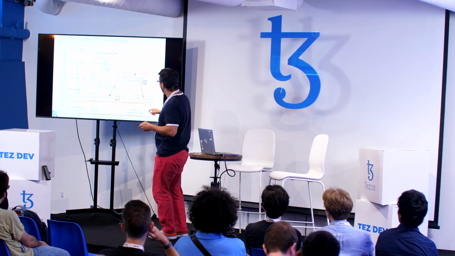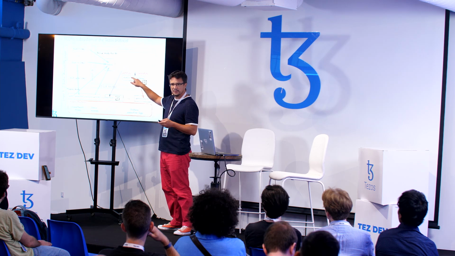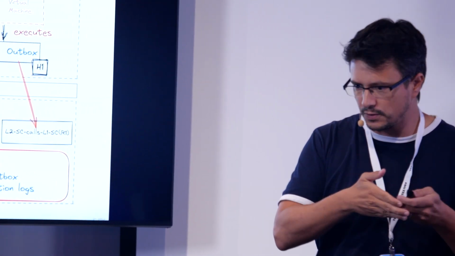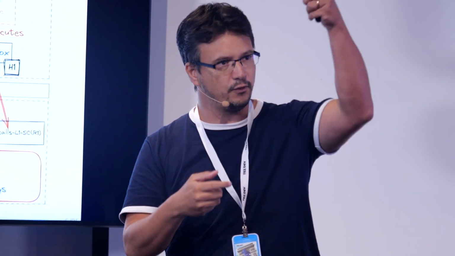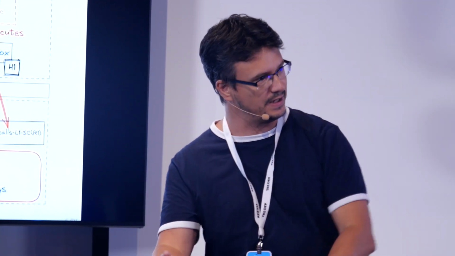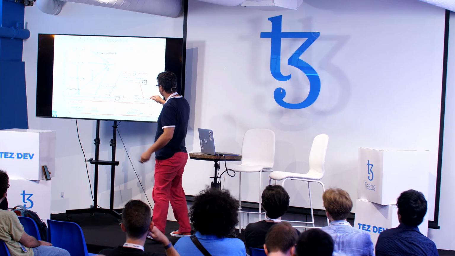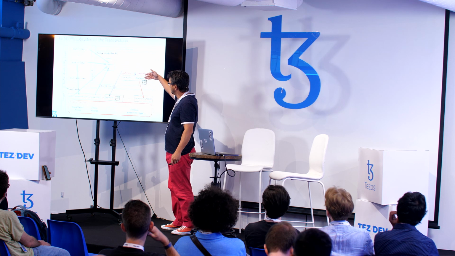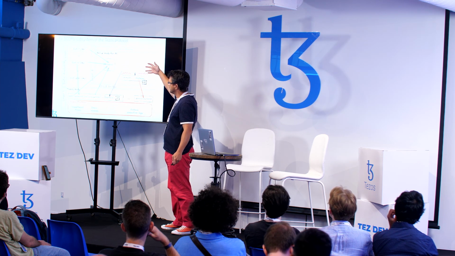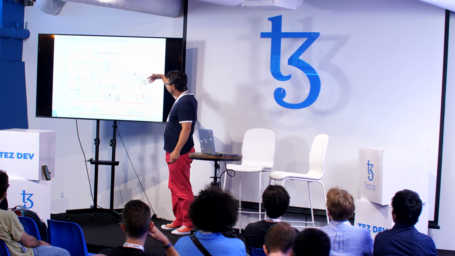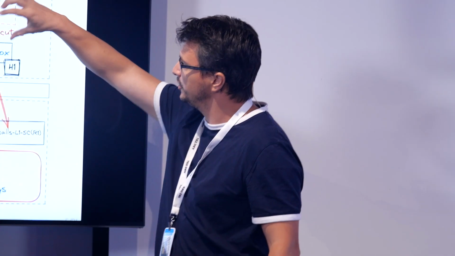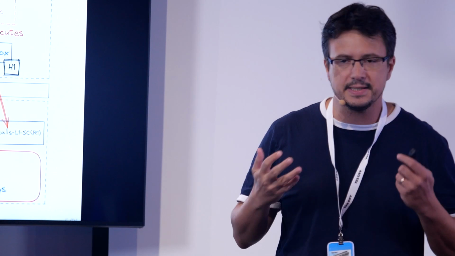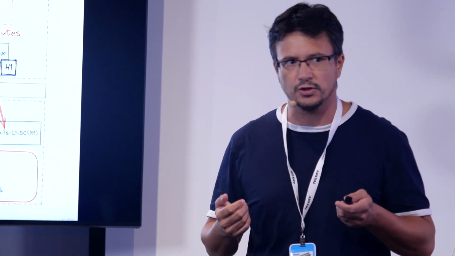So if you continue, you will see this outbox. So the outbox is the place where the rollup will put messages from the L2 to the L1. Okay? And actually, this allows to call Michelson smart contracts from the L2, but all these communications, the L1, L2 bridge, is based on asynchronous communication. Why?